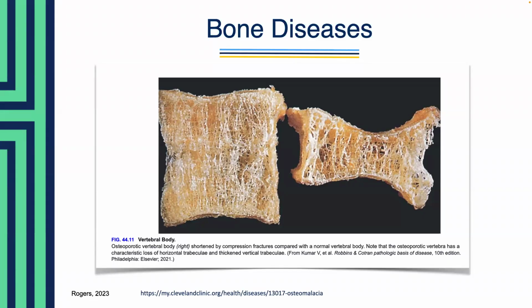So you think of our GI diseases that we just talked about, Crohn's and ulcerative colitis, if they have to be on steroids, or COPD patients, asthma patients. Other medications include heparin, phenytoin, barbiturates, and lithium.